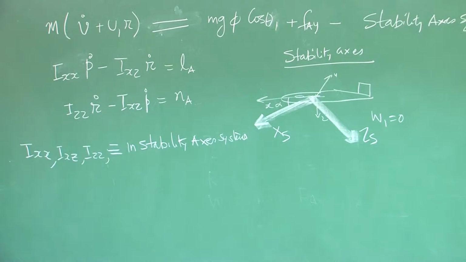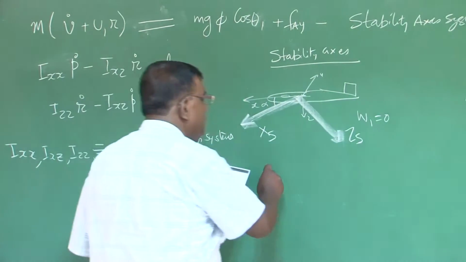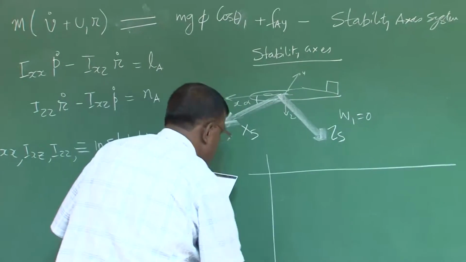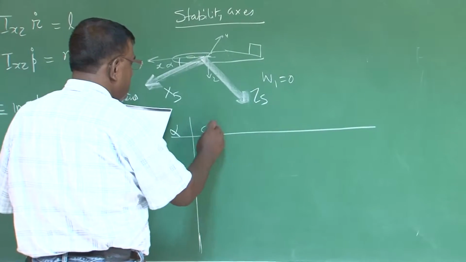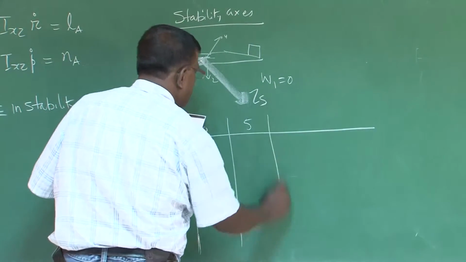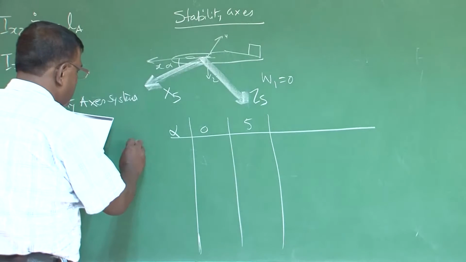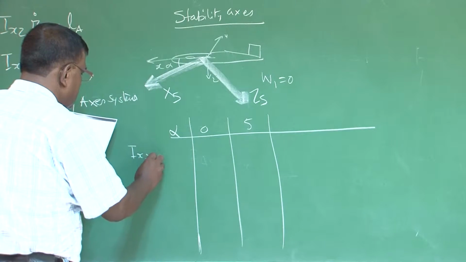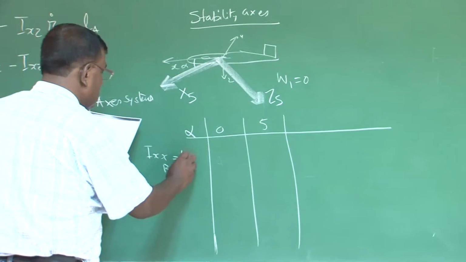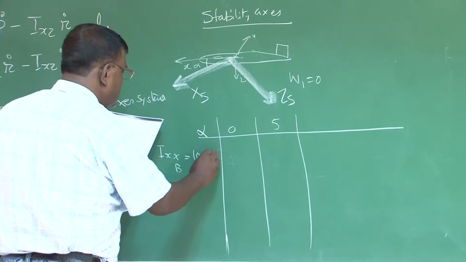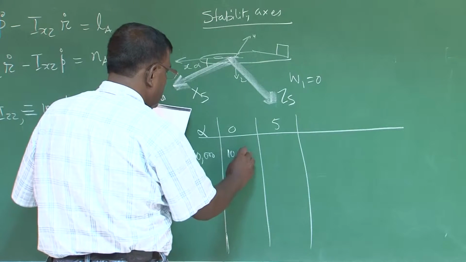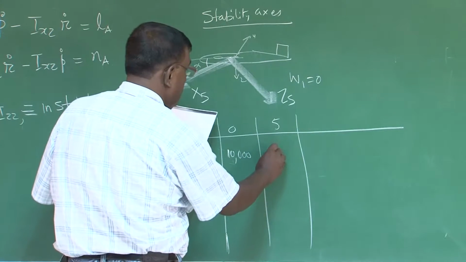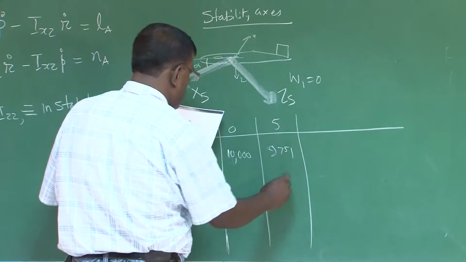And for completion, again, I am giving you some sort of an influence matrix where you can easily understand how much it will change. I take two cases, alpha 0 degree and 5 degree. If Ixxb is 10,000 in some unit, then at alpha 0 it is 10,000. For 5 degree it becomes 9751.